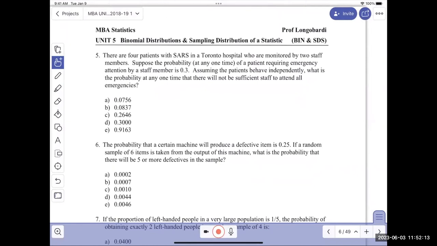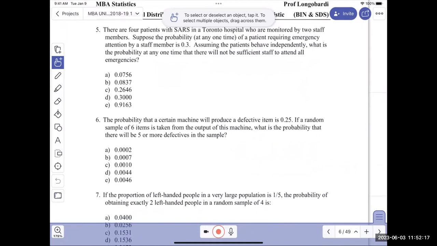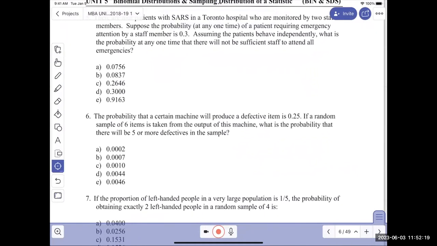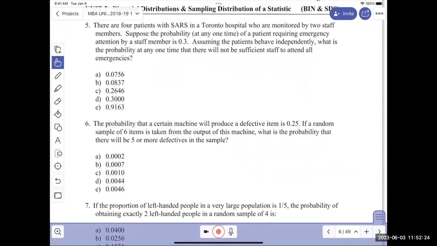So remembering SARS. There are 4 patients with SARS in a Toronto hospital who are monitored by 2 staff members. Suppose the probability at any one time of a patient requiring emergency attention by a staff member is 30%.